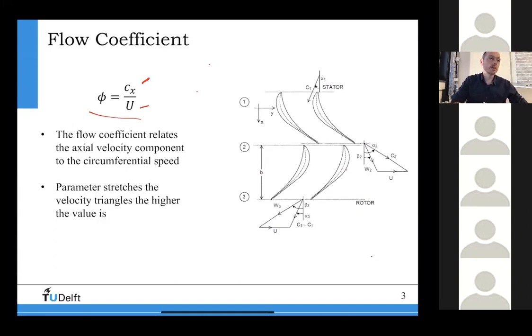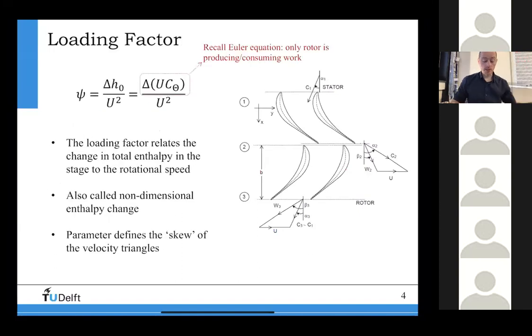If the mid-span radius R is not constant, then you have to choose a U, or blade speed, in order to define this. And also Cx, if it's not constant, which one do you take? But for mean design and mean line analysis, the flow coefficients are easy to define.